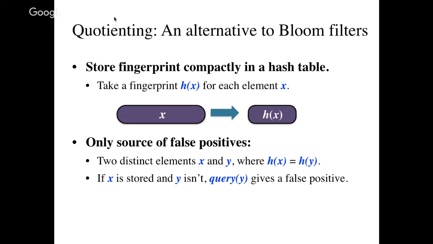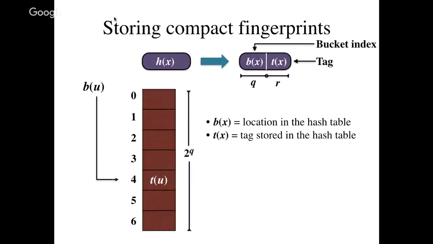Let's see how we store the fingerprints compactly. What we do is split the fingerprint into two pieces. The high order Q bits are known as B(X), the bucket index, which gives us the index in the hash table where we want to store information. And the lower order R bits are T(X), also called the tag, which is the information that we actually store in the bucket in the hash table.